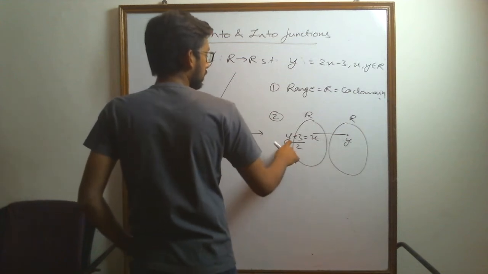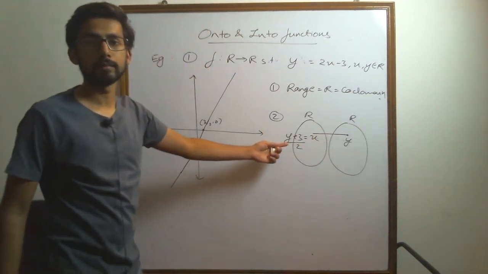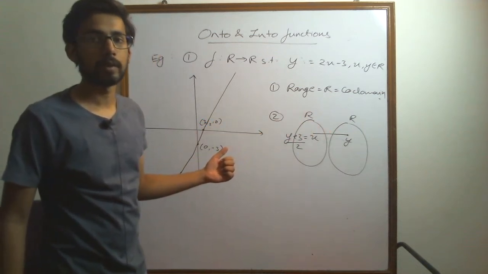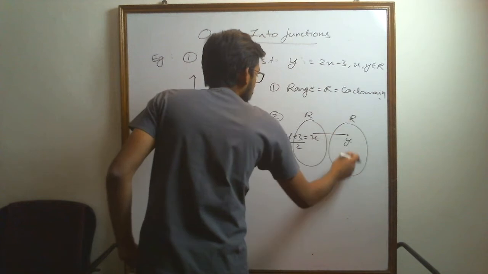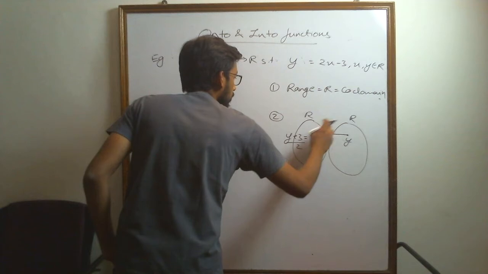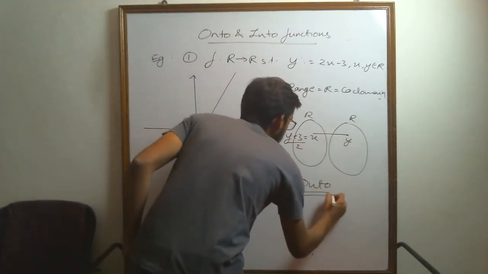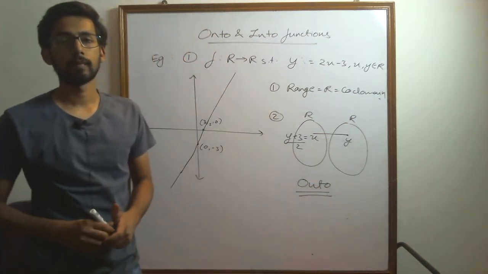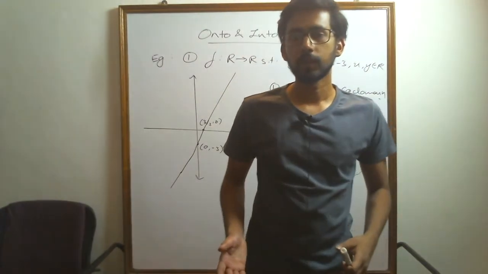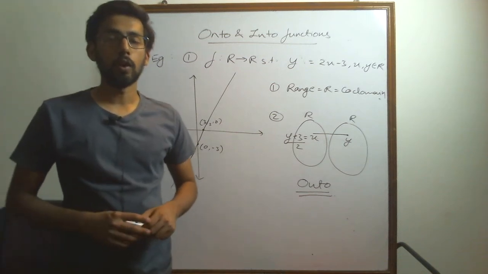For every element y, there is always some element in the domain whose image y is available in the codomain. So yes, all elements here have a pre-image. That means there is some element here whose image is y. Therefore, this function is an onto function. If a function is not onto, then it is an into function, right? So these are the ways that we can see whether a function is onto or into.